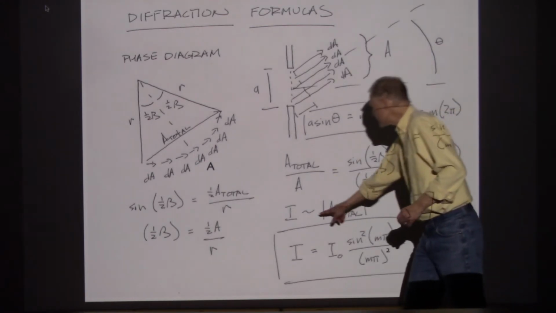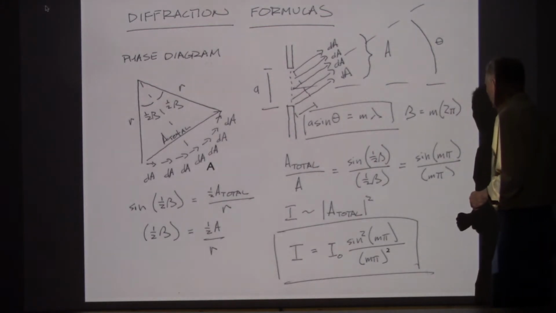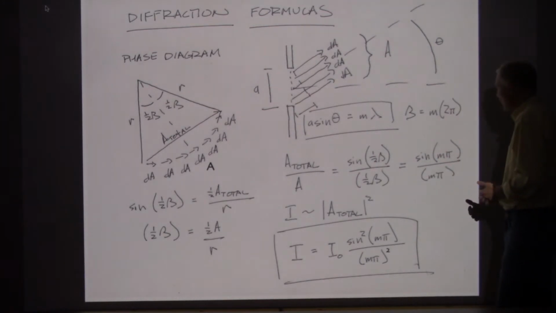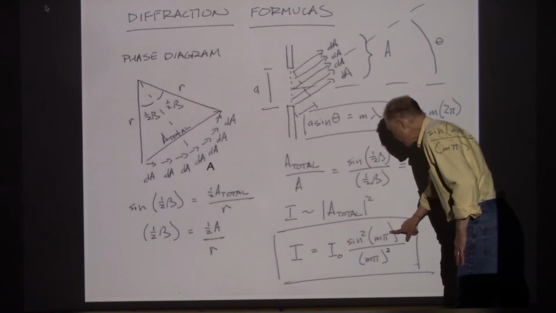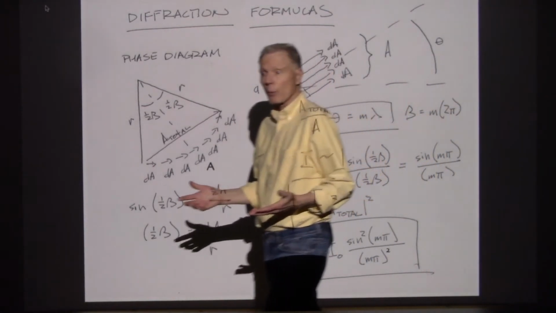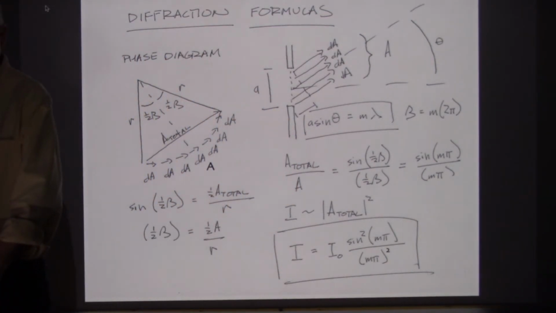And to get the intensity, we square A total, since intensity is proportional to it. So our intensity formula becomes sine squared of m pi over m pi squared. And that's the formula that we've looked at and played around with in some of those diagrams, and now we're deriving it to see how it comes about.